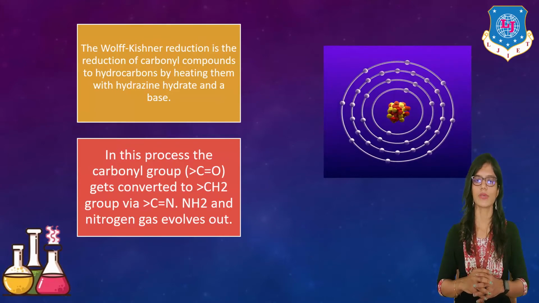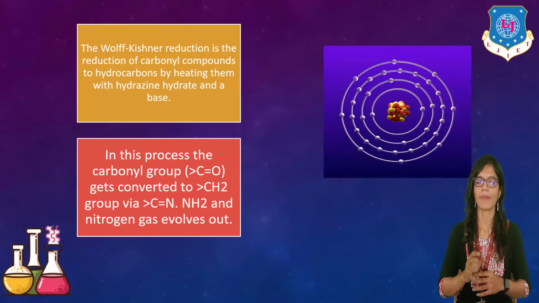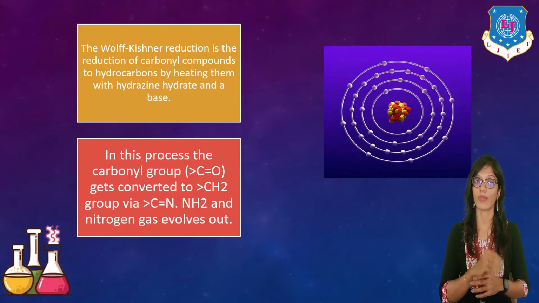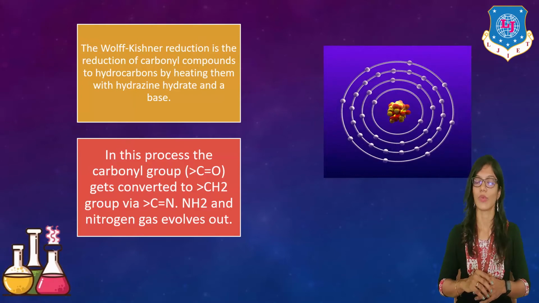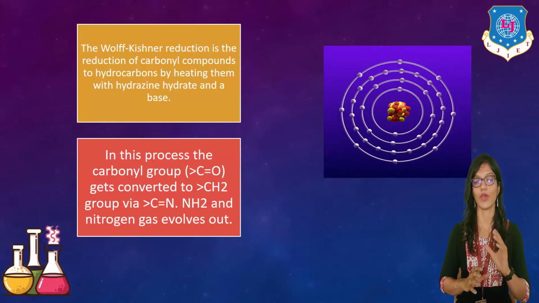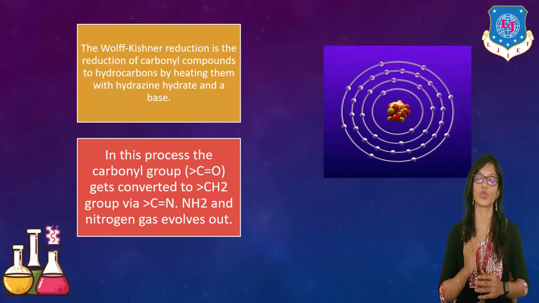In this process, the C double bond O group gets converted to a CH2 group via C double bond N, NH2, and nitrogen gas. So here nitrogen gas will be evolved, but the reduction of the carbonyl group will be done to CH2, right? So we are removing the oxygen and adding hydrogen into it.